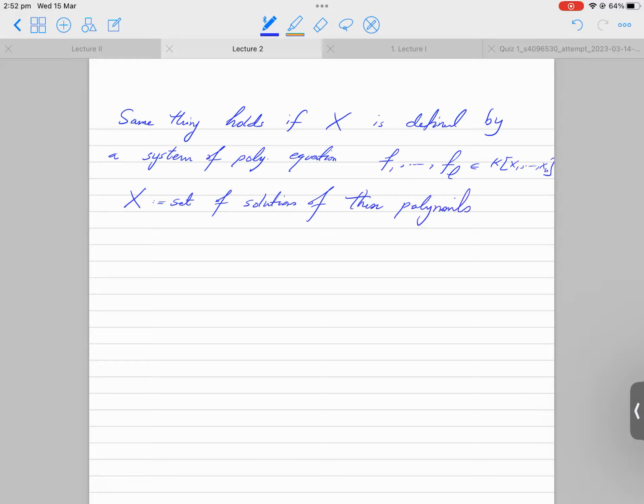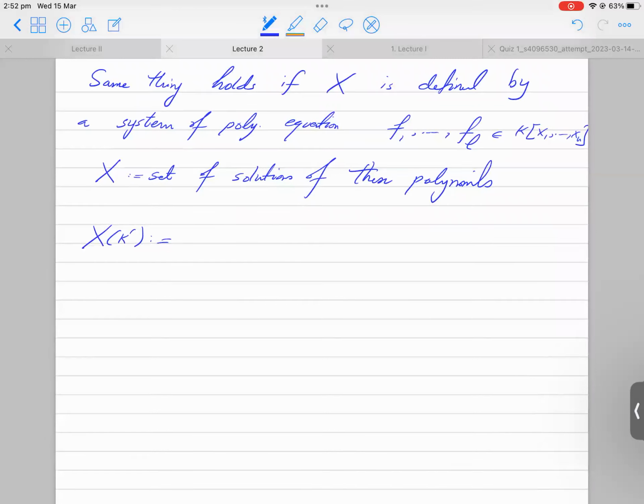But when we say set of solutions, we have to say over what field, right? That's the point of our discussions right now. So for any field K, and any field extension K prime of K, we can look at the set of solutions over that field extension.